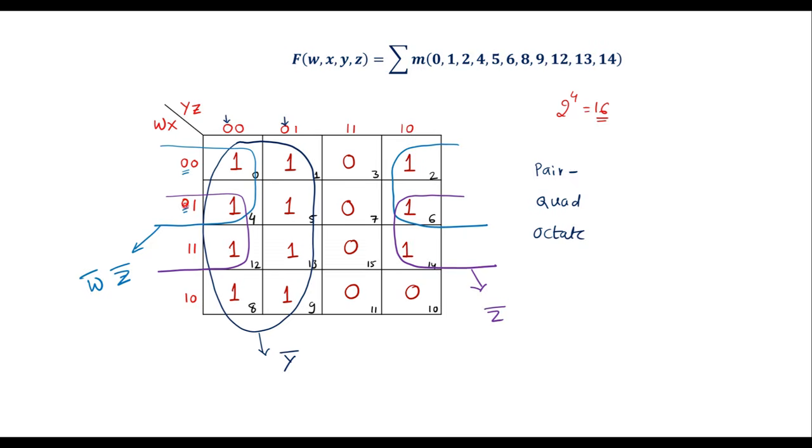It covers these two rows, and the common value is x, that is x z bar. Therefore now I can write the simplified expression as f is equal to y bar plus x z bar plus w bar z bar. So this is the simplified expression for the given function. This is known as SOP, that is sum of product terms.